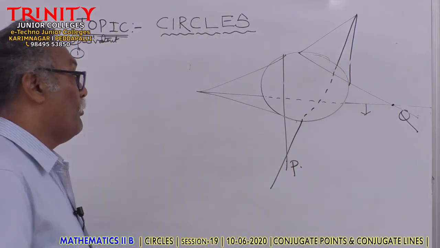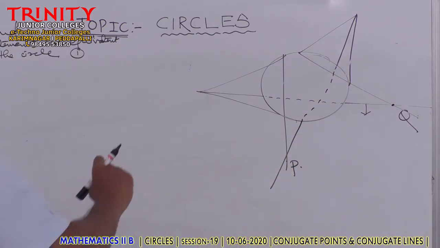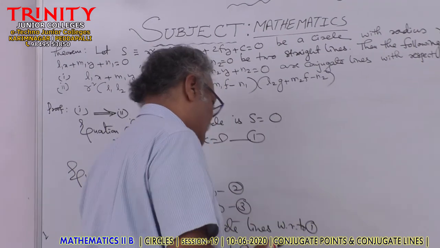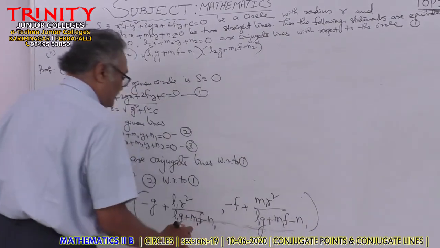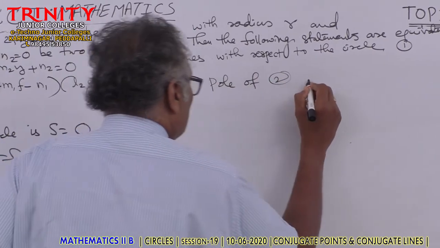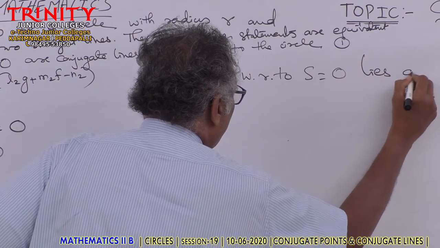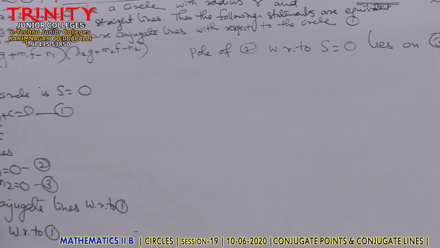It means the pole of the first line lies on the second line. The pole of the first line with respect to the circle lies on the second line. That is the concept. It means this point lies on this line. The pole of 2 with respect to S equals 0 lies on 3, on this line.